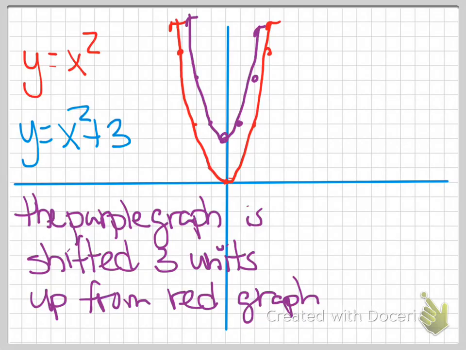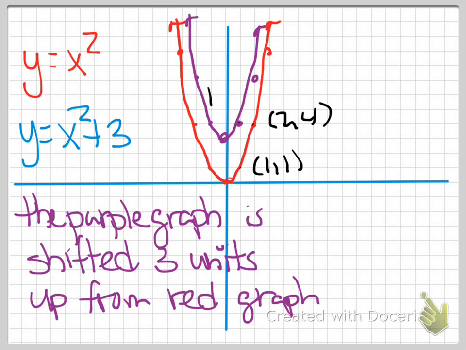For example, the red graph is the graph of y equals x squared. The blue graph, actually I made it in purple, is y equals x squared plus 3. So if you notice, all the points of this graph, (1, 1), (2, 4), have then been shifted up by a factor of 3.